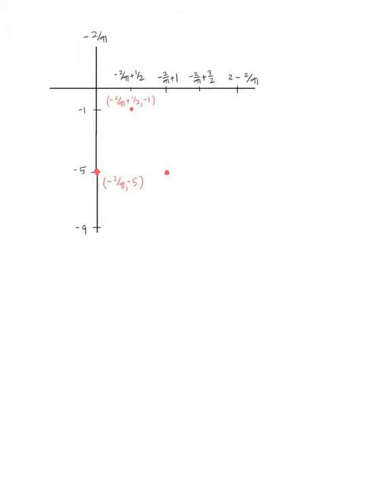So this was negative 2 over pi plus 1 comma negative 5. And then it went down to negative 9, I believe. So this was negative 2 over pi plus 3 over 2 comma negative 9. And then back to this point, which was 2 minus 2 over pi comma negative 5.